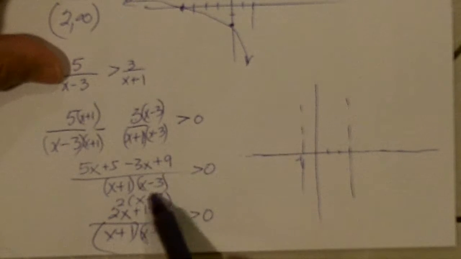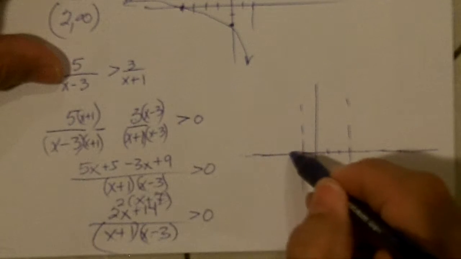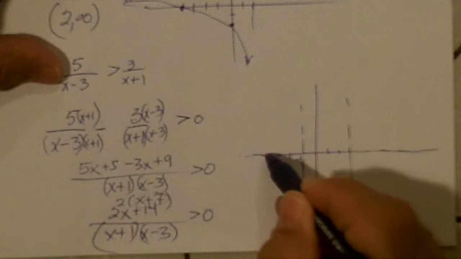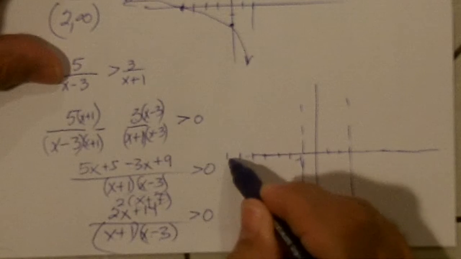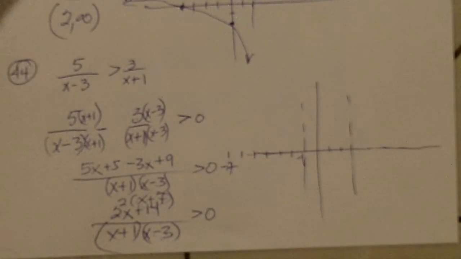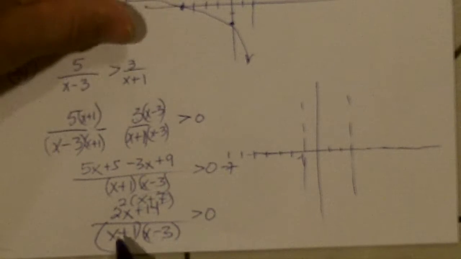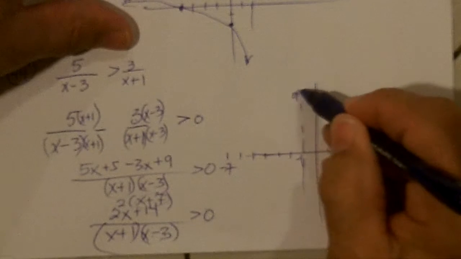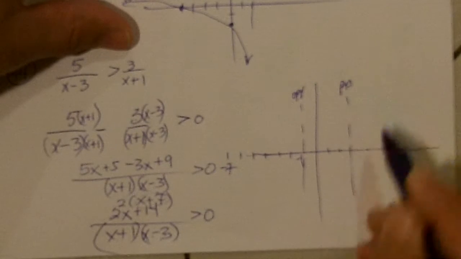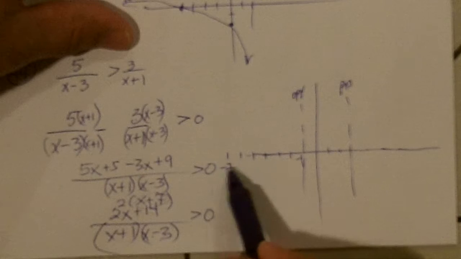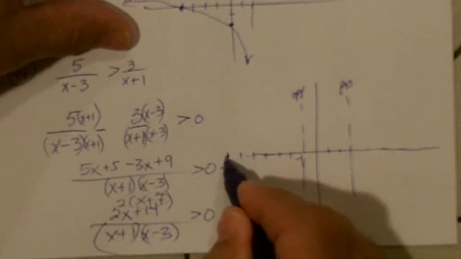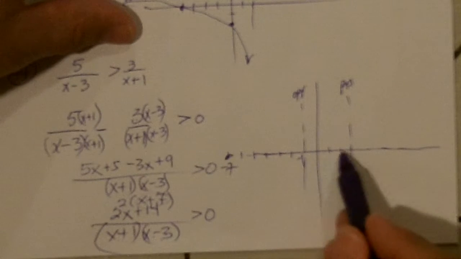We're going to have an x-intercept at negative 7. Since these are single factors, it's going to go opposite on this one and opposite on this one. The only x-intercept is back here at negative 7, so it doesn't cross in here.